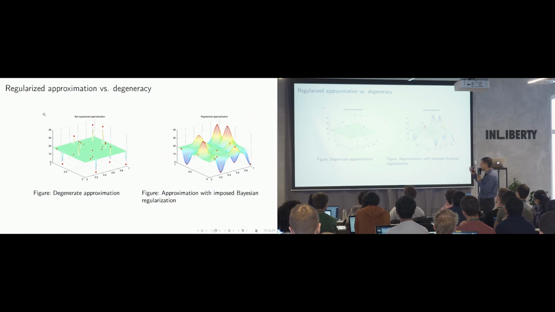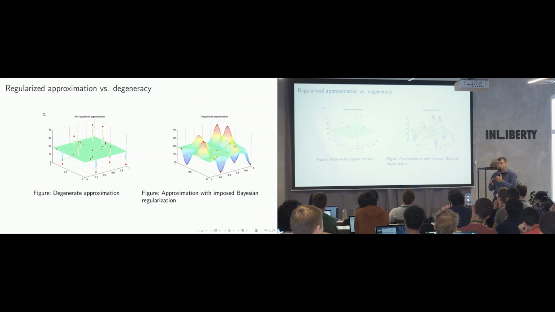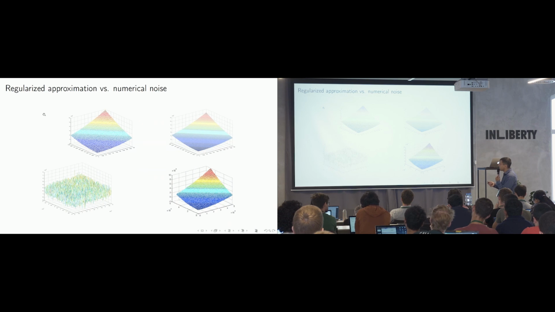And if we train hyperparameters of the Gaussian distribution using this procedure, instead of this posterior approximation, we obtain this quite nice approximation. Of course, it's not accurate, but still it's numerically stable, and it resembles the initial function which we would like to recover. The same situation is with this noisy approximation.